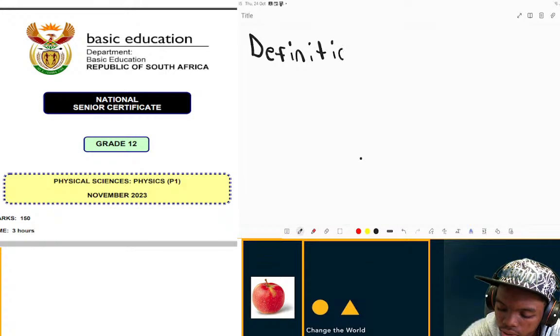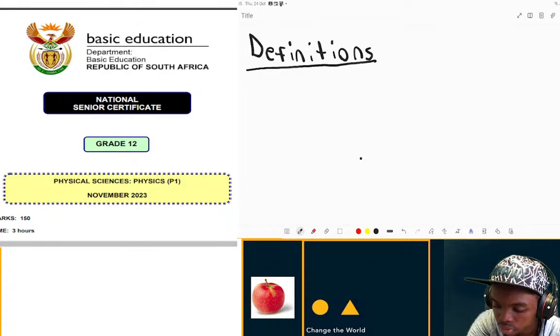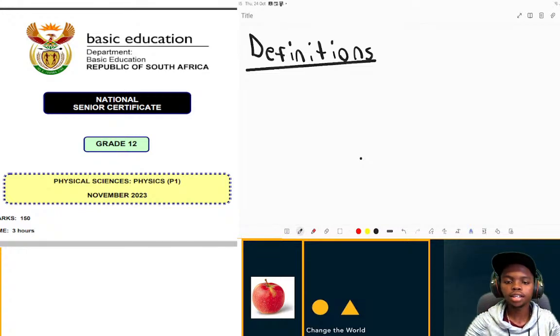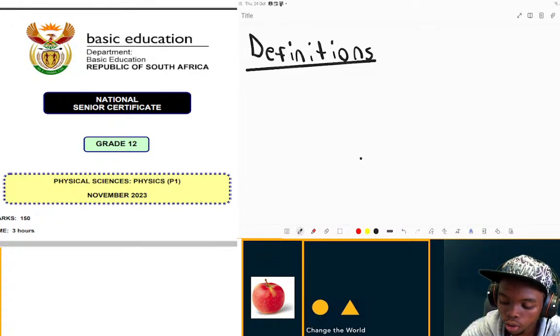Your definitions are important. A definition is just recall and remembrance. It's all about memory. So we'll check why definitions matter with this question paper. Now let's check this question paper.